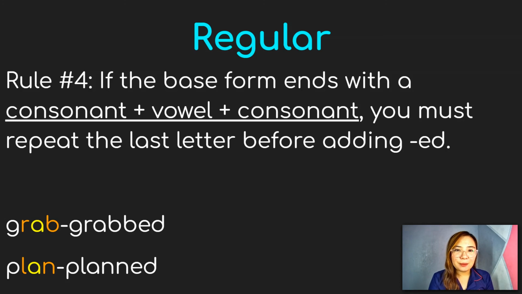For the word grab, we have here letter G, and then we have the last three letters: R, A, and B. R is a consonant, A is a vowel, and B is a consonant again. That is why we are going to repeat the last letter and then we are going to add ED.